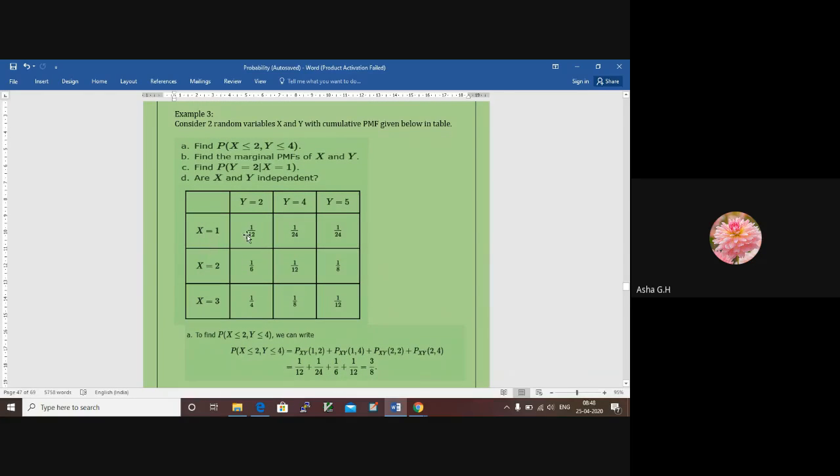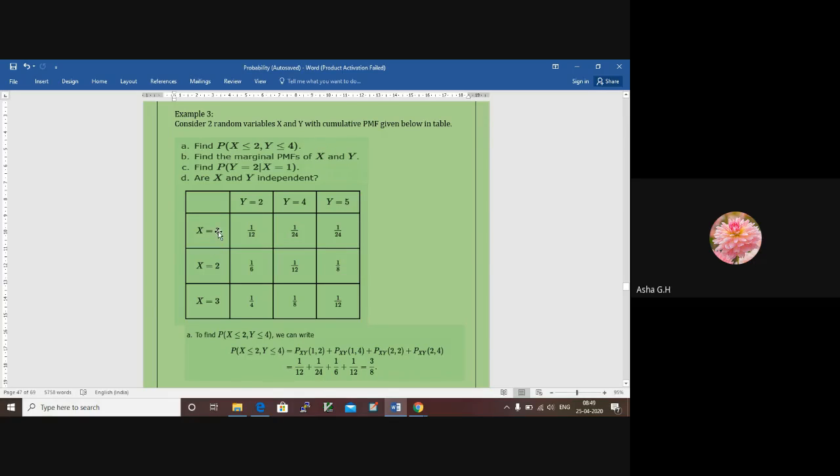Now, take the values which are given to you, consider the range. Find the marginal probability mass functions of x and y. Now, what is the equation for marginal probability mass function? We have to find out marginal PMF for x and y both. When we take marginal probability mass function for x, we keep x constant.